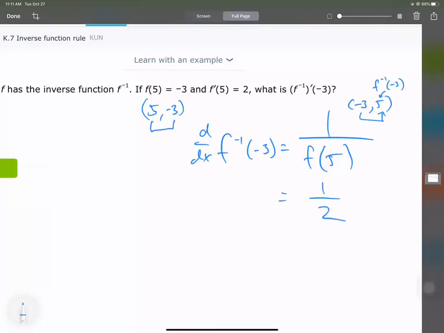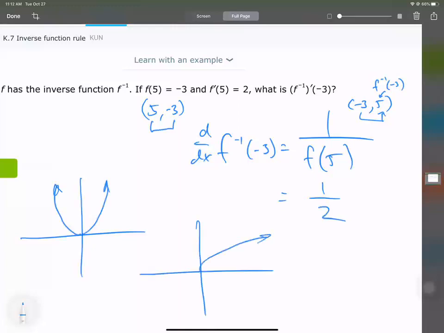And why is that again? Because when you look at the graphs of inverse functions, when we look at the x squared and the square root, all these values here are related to all these values here. 1 over 2, sorry, other way around. Two over 1 here is 1 over 2 here.